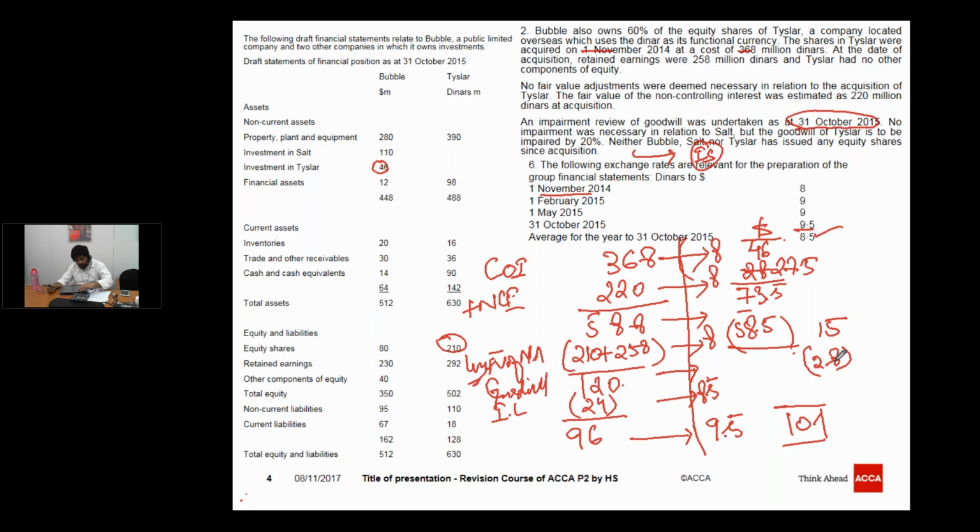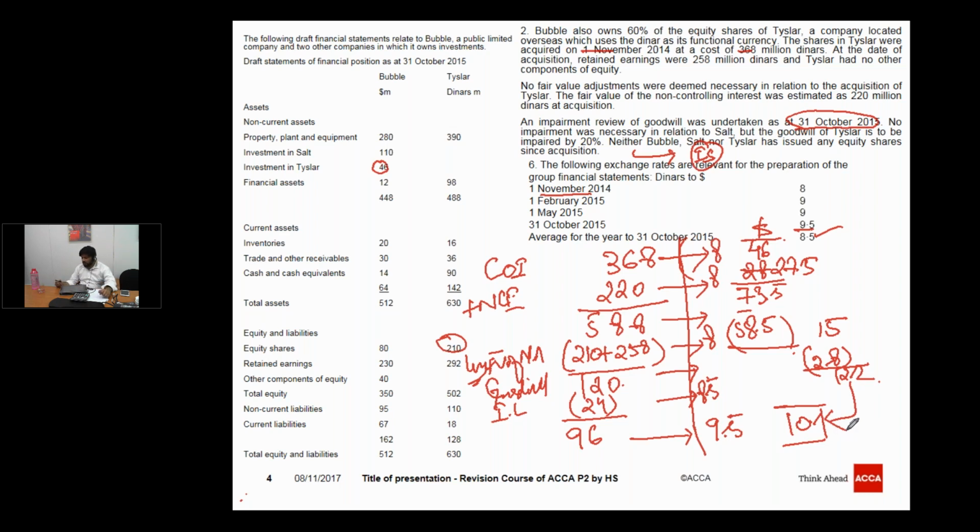So according to the rates and the figures in dollars, the goodwill at the reporting date should be 12.2. But our goodwill is now 10.1.